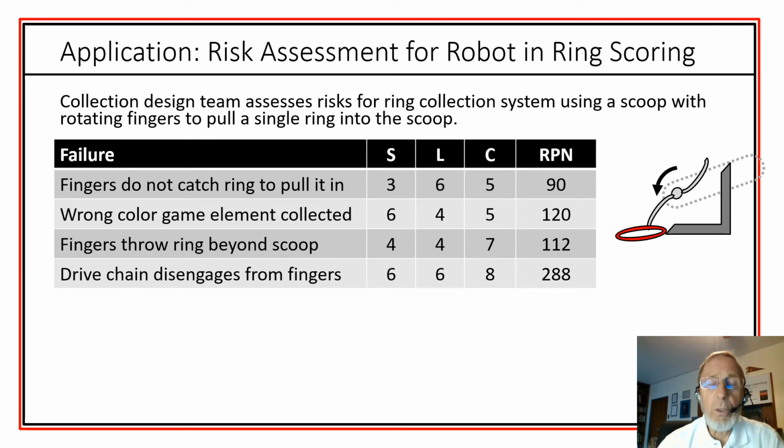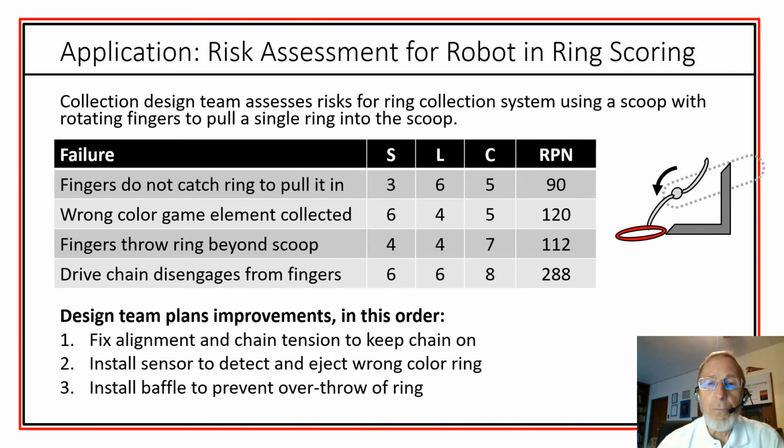So when you're given a list of these failures, you've determined RPNs, then the design team, who has the best understanding of these failures, sets about to choose what to do. So based on the scores, the drive chain is the failure that has the highest RPN, so you would tackle that one first.